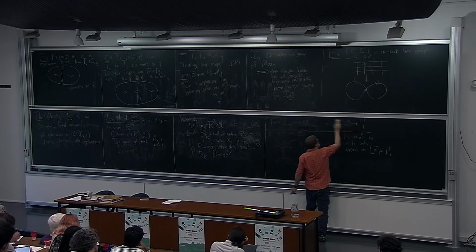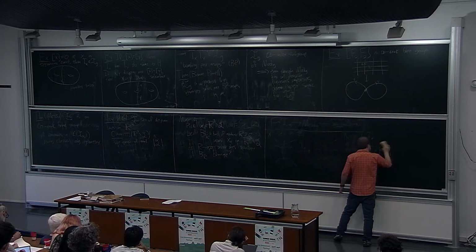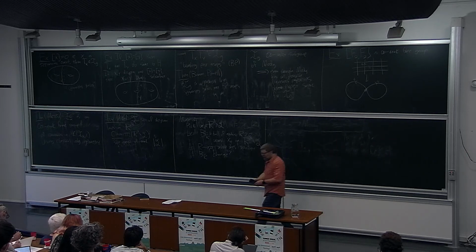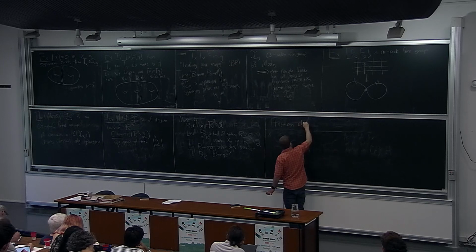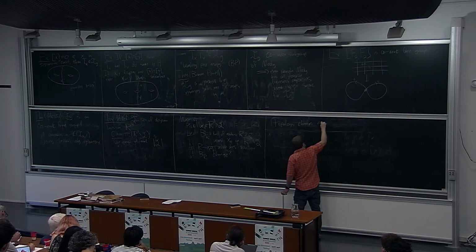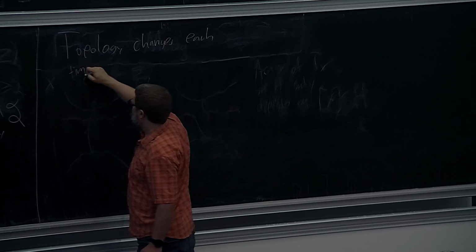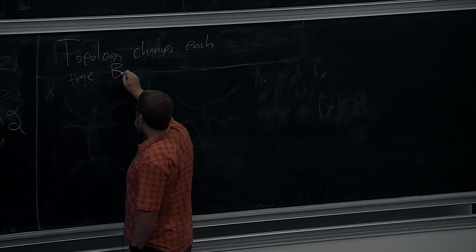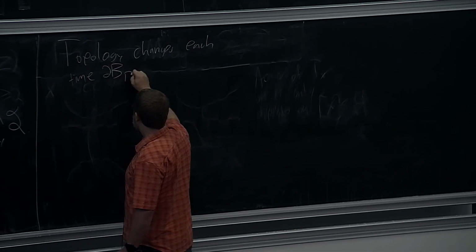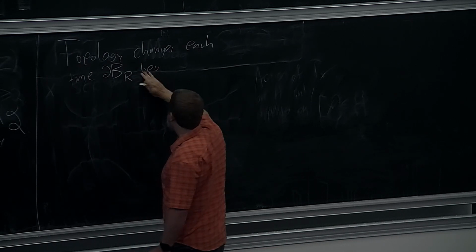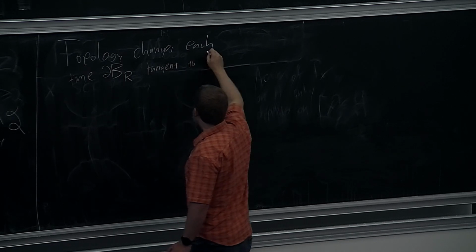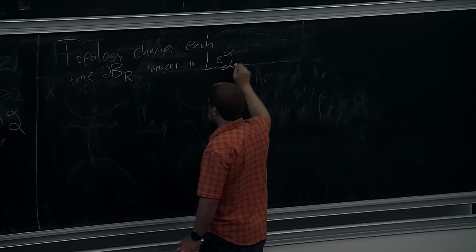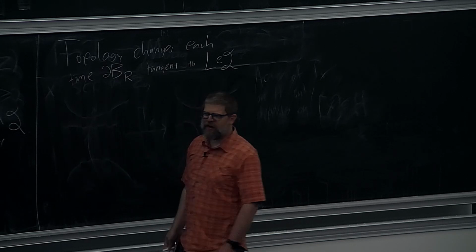So the topology changes each time the boundary of B sub R is tangent to some line inside L.